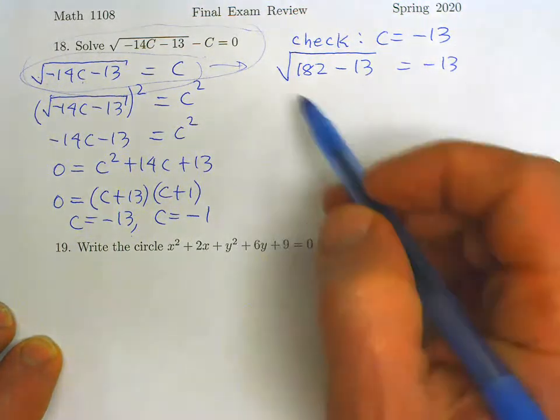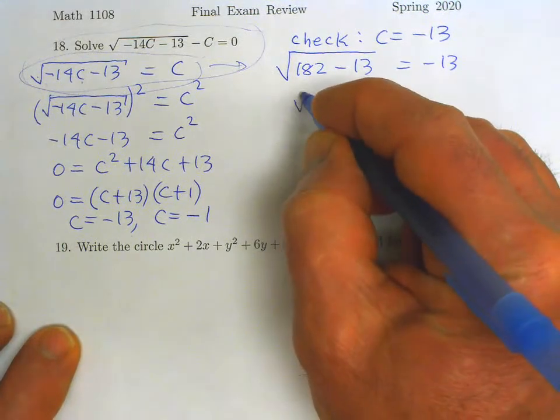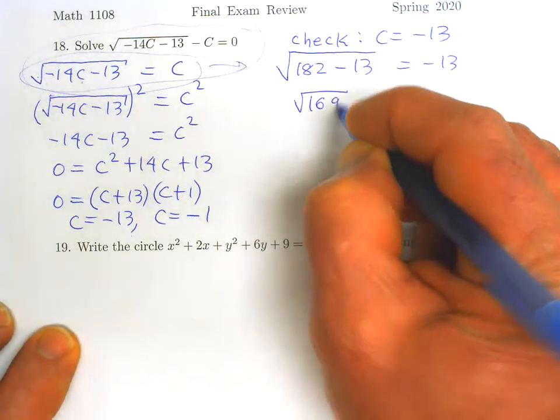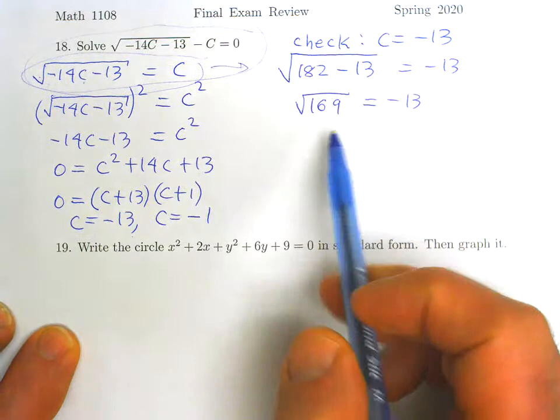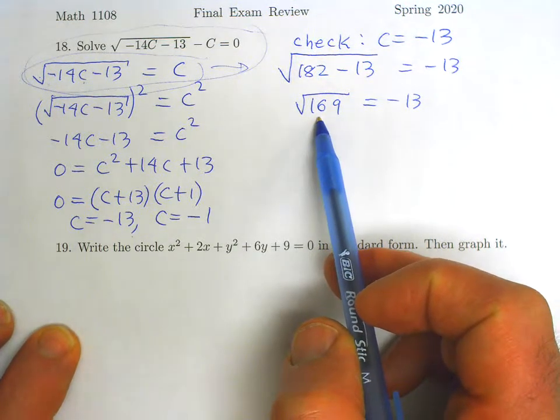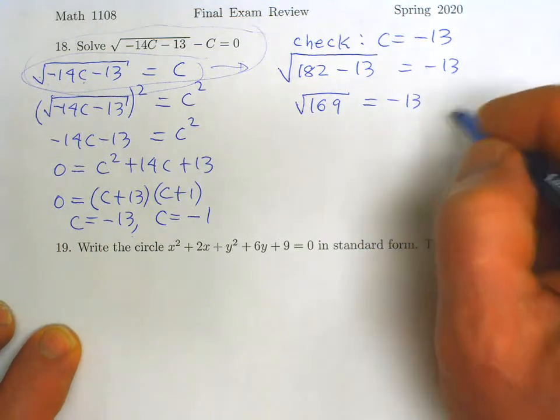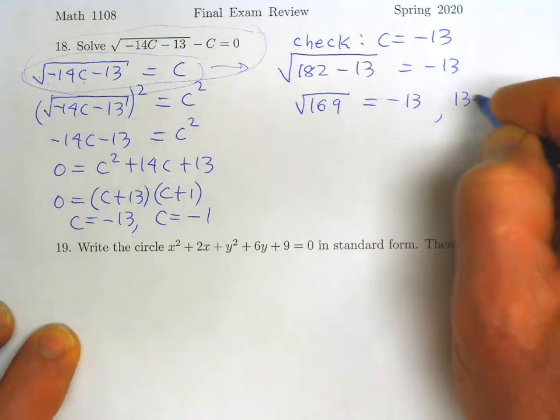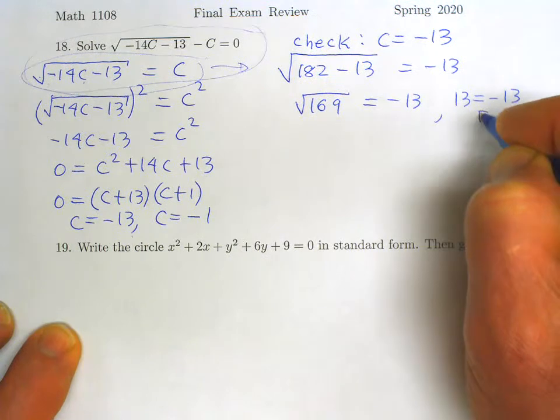Okay, we already know enough to conclude that there's no solution. The left-hand side is the positive square root of 169, which is positive 13. And 13 equals negative 13 is false.